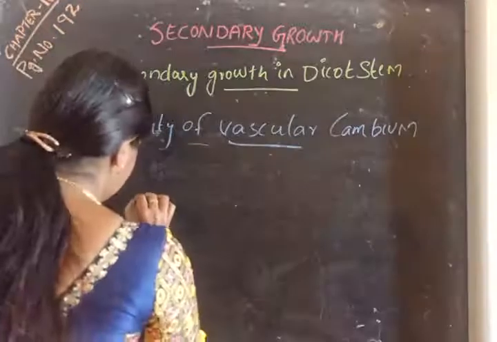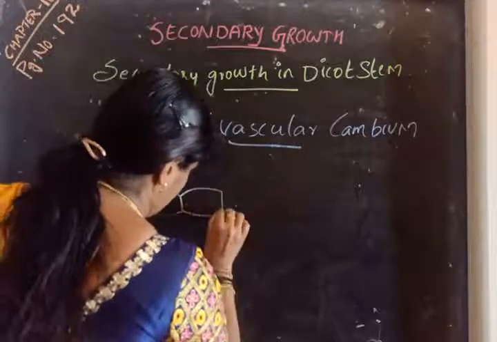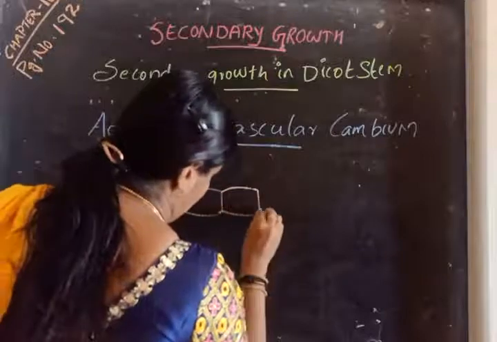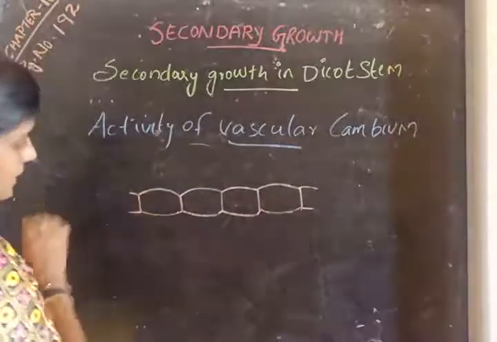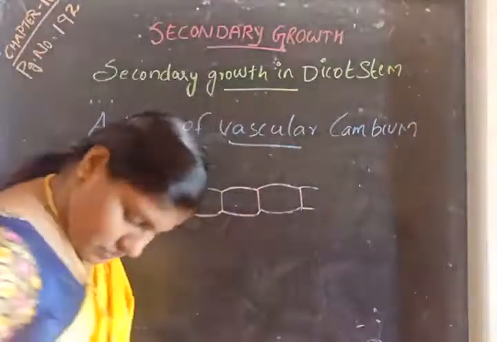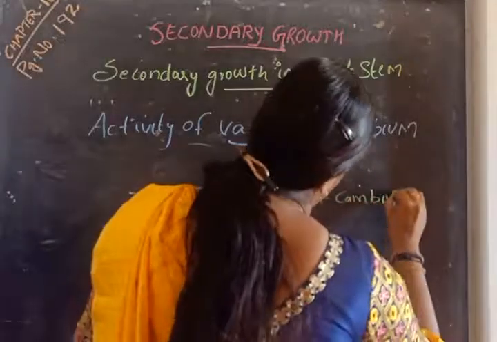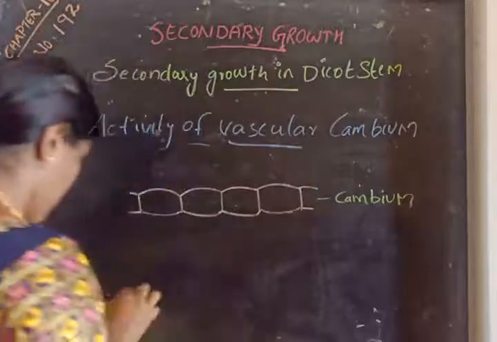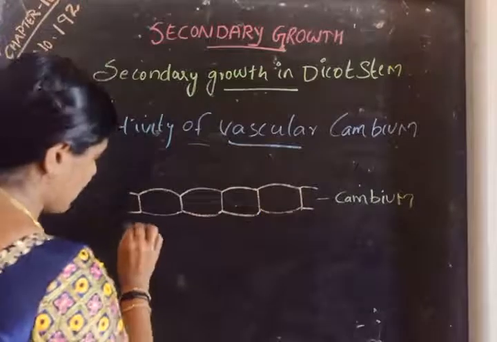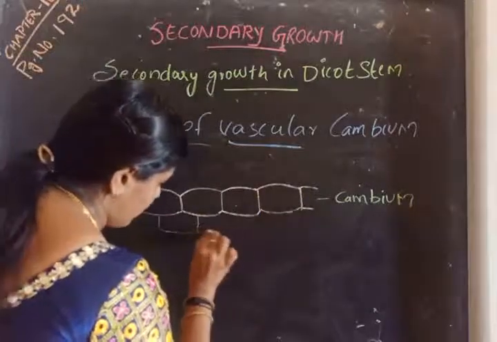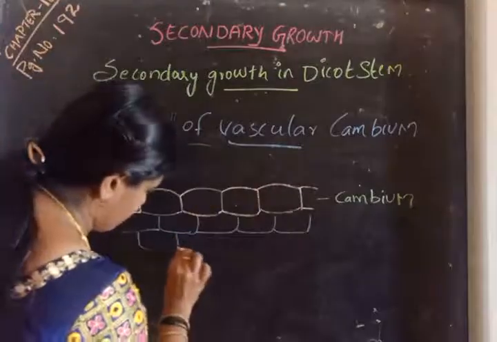If we consider this, this is a portion of cambium. It's a portion of cambium, and this cambium is active and it may cut off new cells towards the inner side.